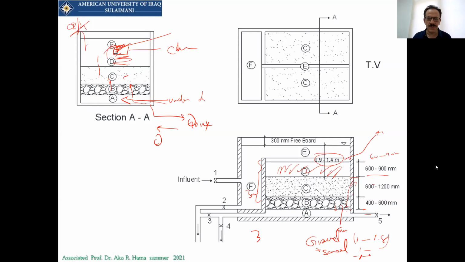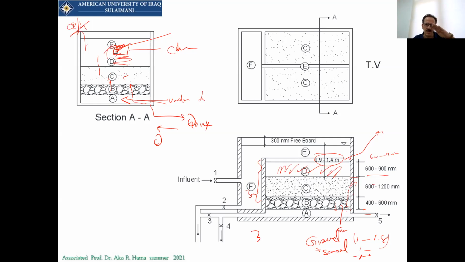So the process, let me simplify it for you. We have water, and we pass the water through a bed. This is called filtration. When I need to clean this filter bed, what should I do? I have to stop the inlet to this one, and I will reverse the water through the bed, and the materials that have been filtered between the filter media will get out from this filter, and we have to wait.